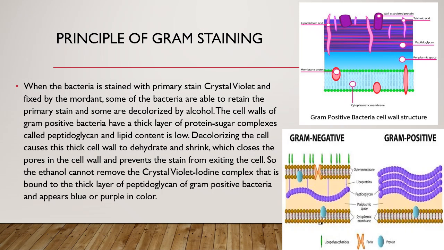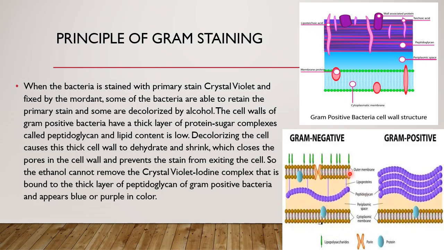Now we'll study the actual principle of gram staining. Here is a picture which shows you the difference between gram negative and gram positive cell. As you can see here, this purple color layer is the peptidoglycan layer. In gram positive bacteria there is a very thick peptidoglycan layer, whereas in gram negative there is a very thin peptidoglycan layer.